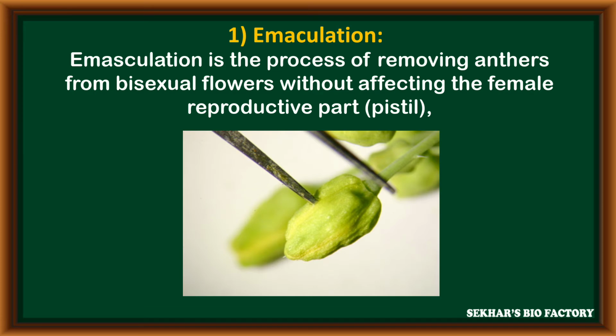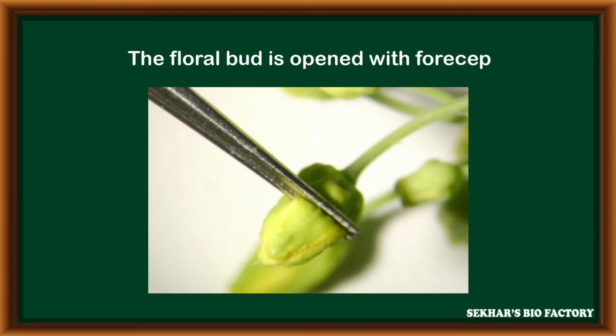Emasculation is a process in which, generally, the anthers are removed from the bisexual female parental plant, without affecting the female reproductive organ. For this emasculation process, first we have to take a floral bud, and this floral bud is opened with the help of forceps.